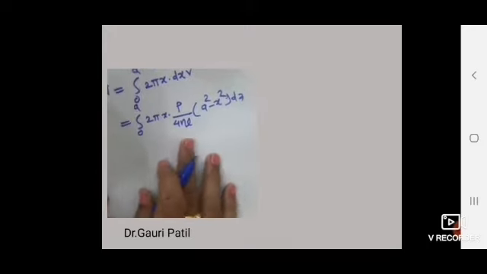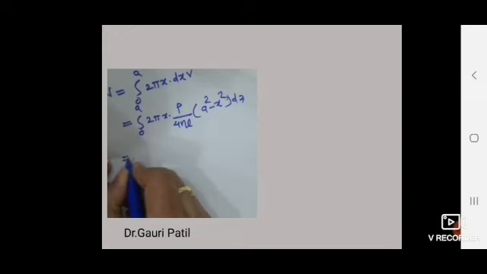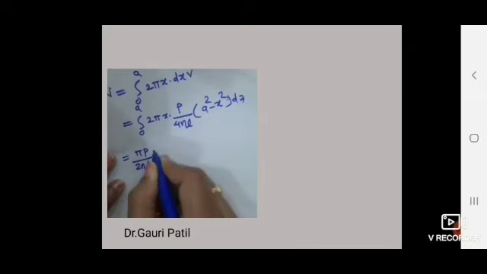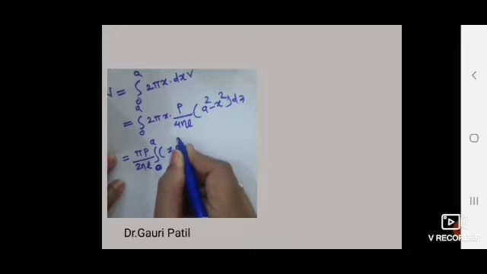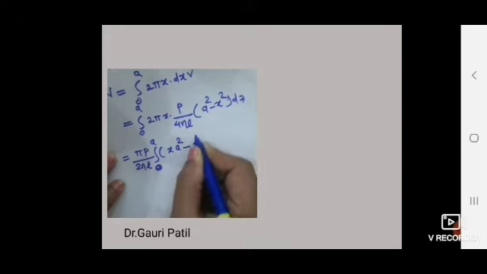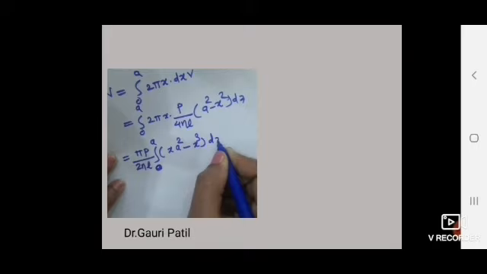So we take out the constant, p pi upon 2 eta l, and the integral from 0 to a of x a square minus x cube into dx.